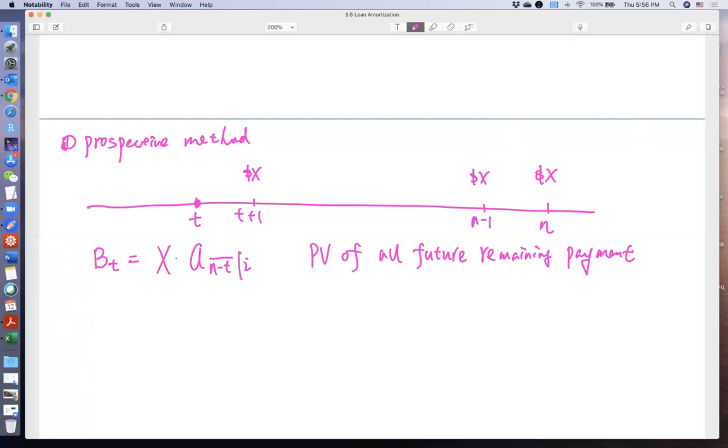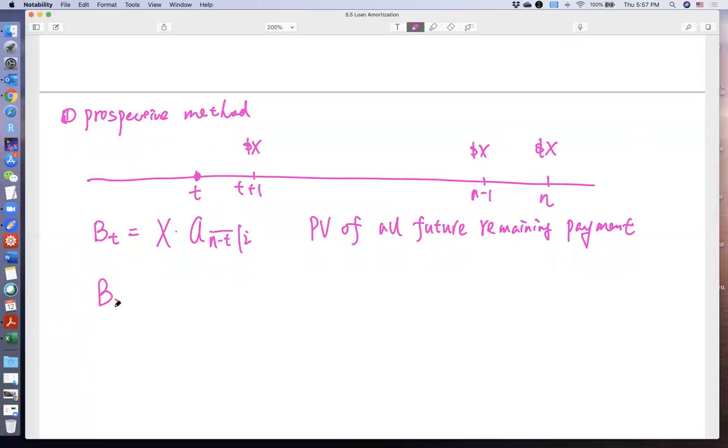You look into the future to see how many more payments you still need to make, and then the present value would be equal to the current outstanding balance. So using this, we easily calculate B2 would be X times a angle (5 minus 2). I have 3 more payments left, so this will easily get me the result. So it's the same.